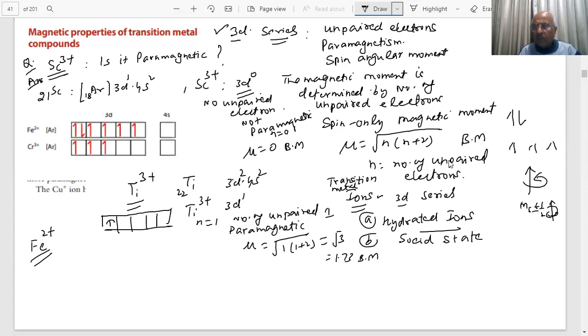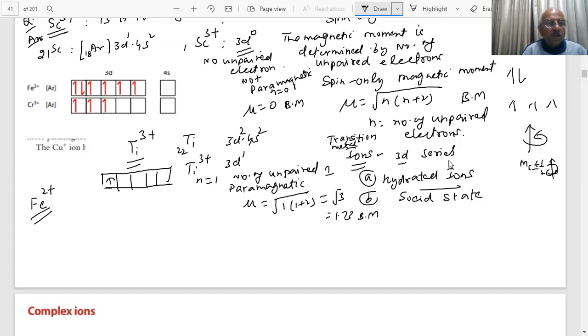And how many unpaired electrons are there in Fe2+? What is the atomic number of iron? Tell me first.